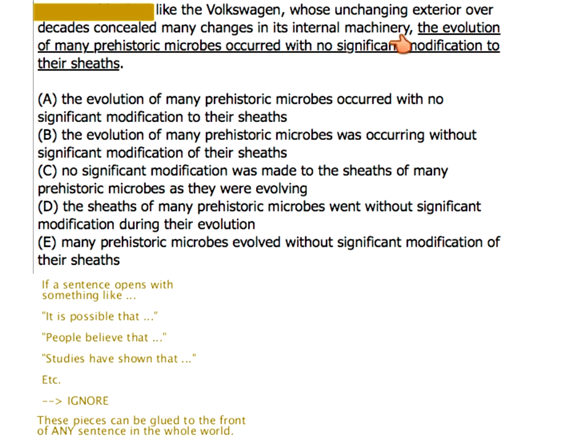Okay, like the Volkswagen, who blah, blah, blah. This is also a modifier, so in terms of the structure of the whole sentence, we don't need to pay attention to it. So, hey, it's like coming home from school again. Like the Volkswagen, comma, blank. Just imagine there's a blank there.